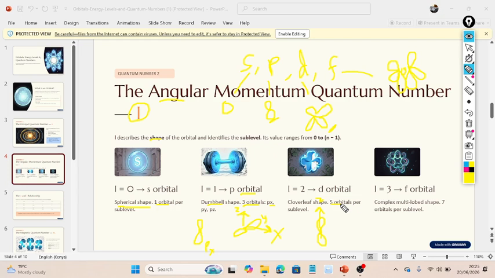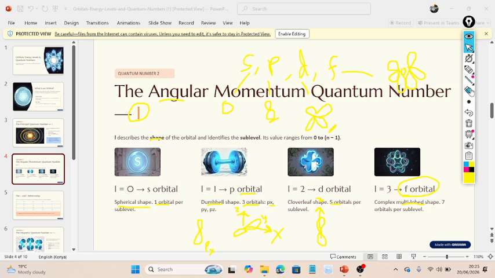I'm going to send you a link to a video that speaks more about the orbitals and the subshells within them, and you are going to get a better understanding and a clear visualization of this concept of orbitals. And then lastly, we have the f orbitals. They're more complex and multi-lobed, so they have several lobes between each node of the orbital.